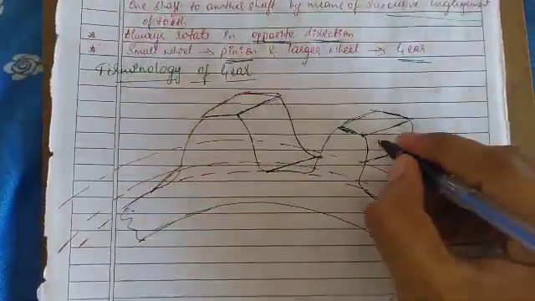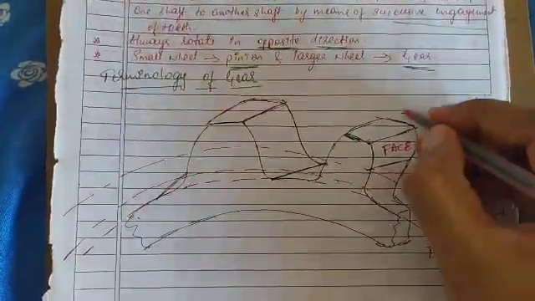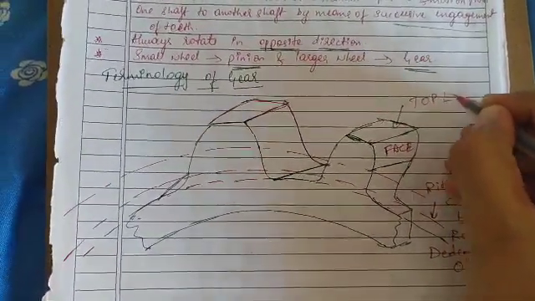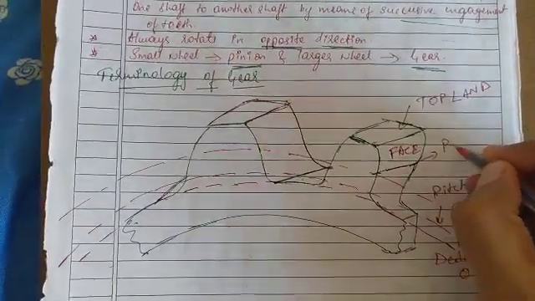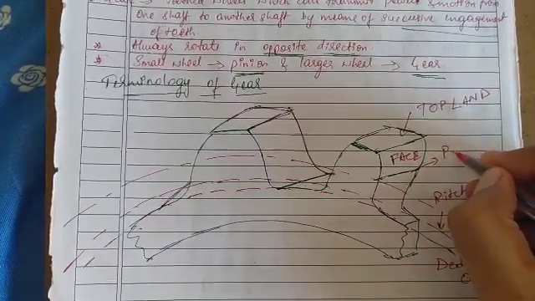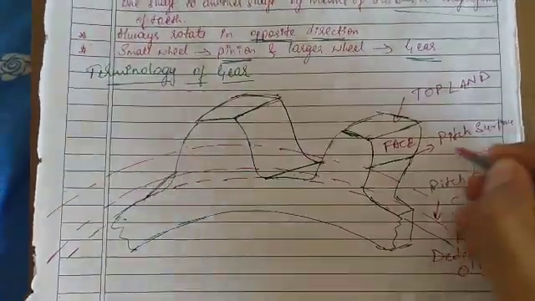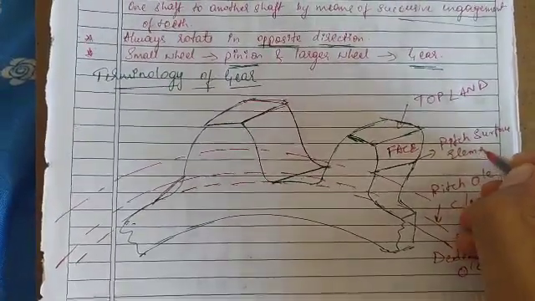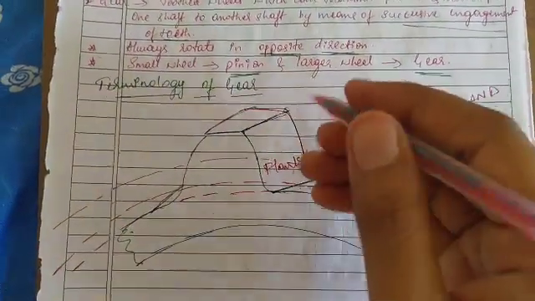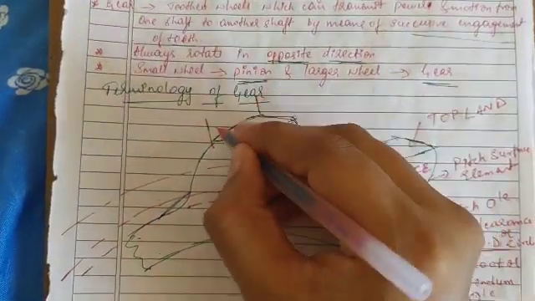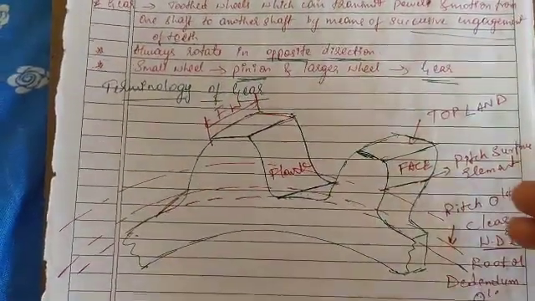This is the face. This is the top land. This is the pitch surface element, and this is the flank. You already know this from the screw threads in the previous chapter. This is the face width.